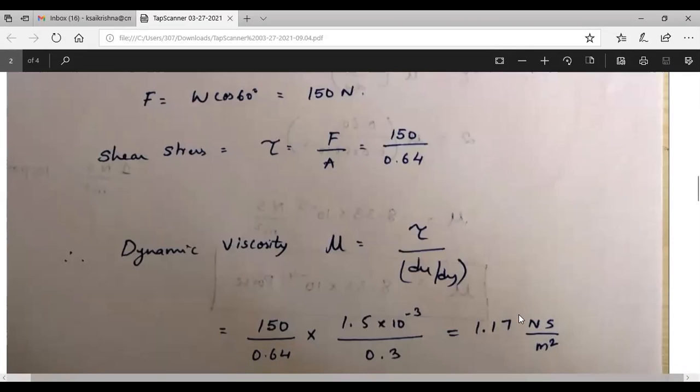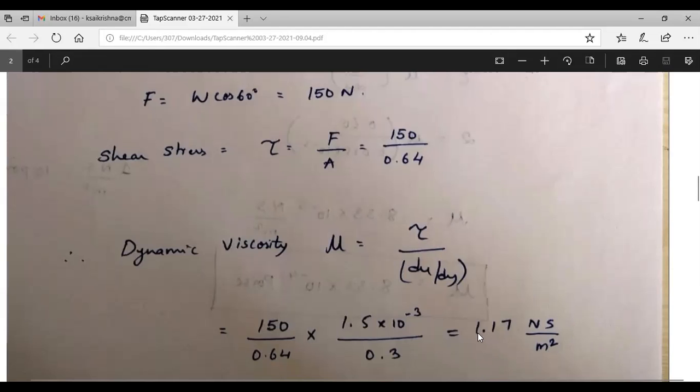But we are converting Newton second per meter square into poise, so 1 Newton second per meter square equals 10 poise. Very good. So you have to do it reversely here, because we are converting Newton second per meter square to poise. If it is poise to this, you'll get 1 by 10 of Newton second per meter square.